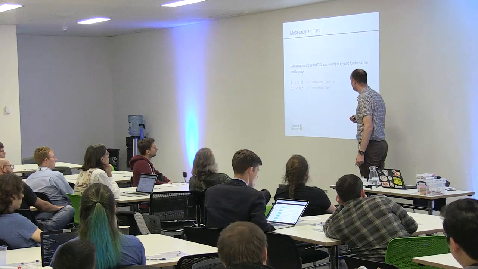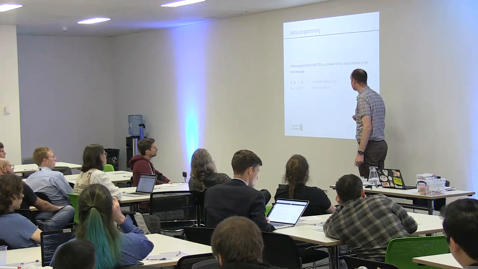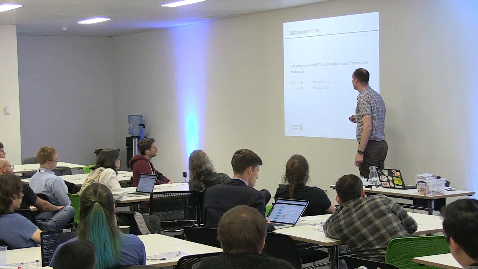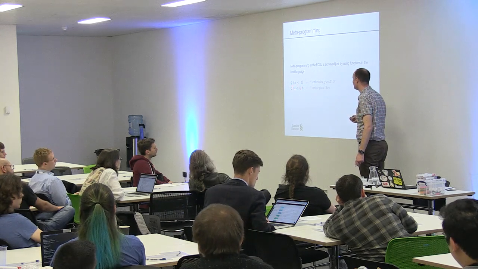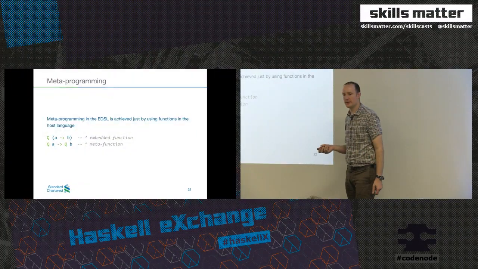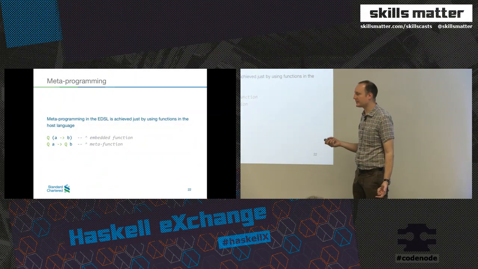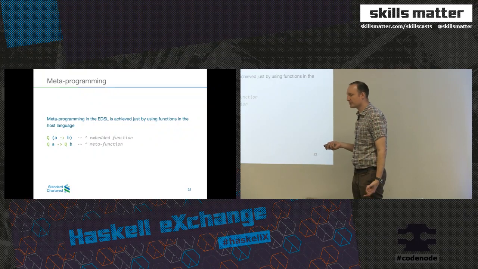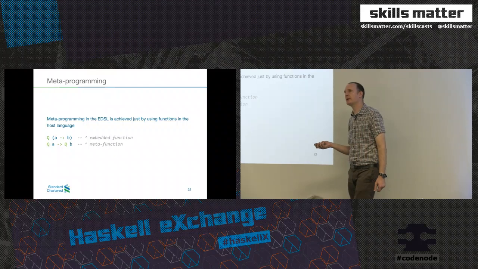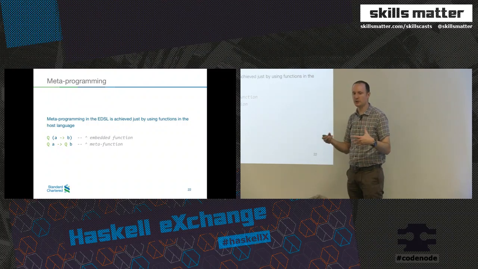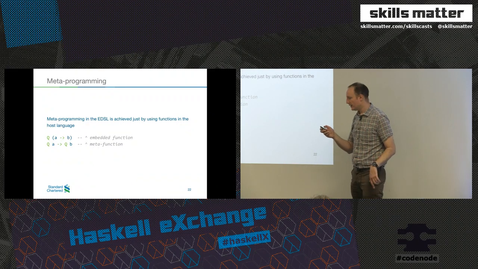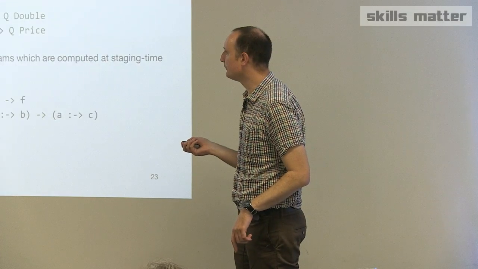But these functions, what I'm calling meta functions in the DSL, are just plain old Haskell functions, and those are very easy to work with. So you have the situation where a lot of the time you're actually metaprogramming. And that does have some advantages. It causes problems: you can get code explosion, and that's why often you need to try to recover sharing. But it does have some advantages.